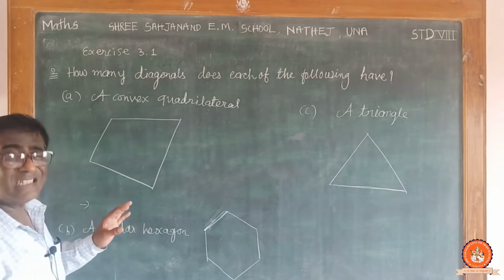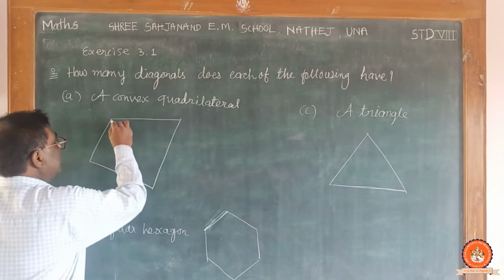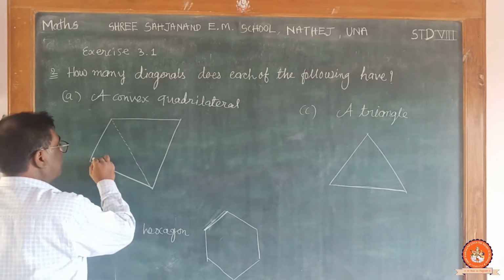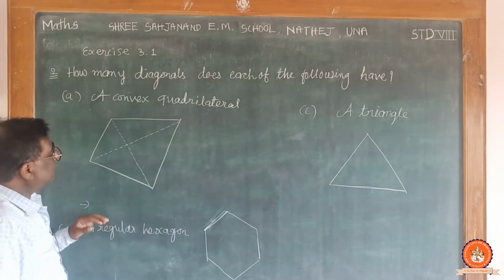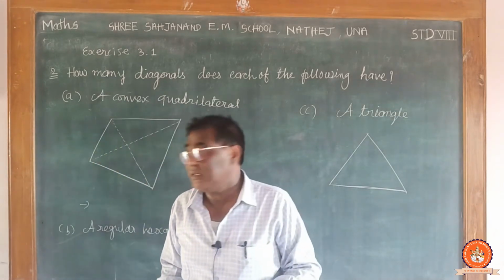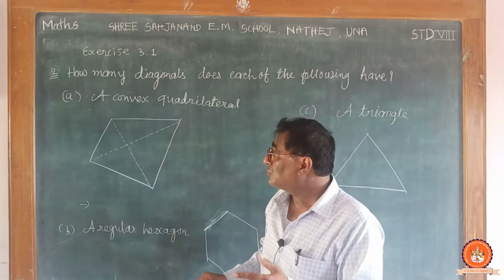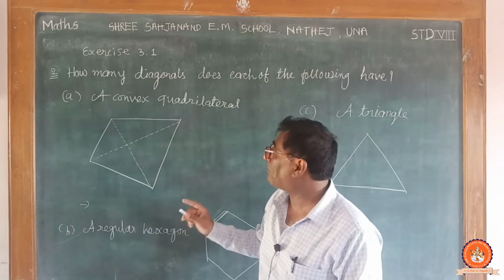Now, what is a diagonal? A diagonal is a line segment formed by joining two non-adjacent vertices of a polygon.